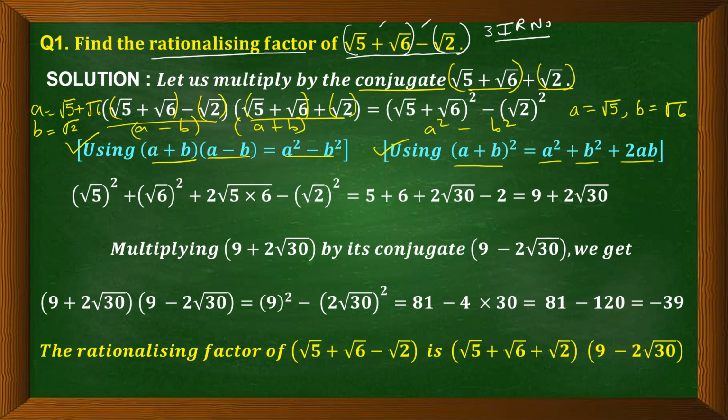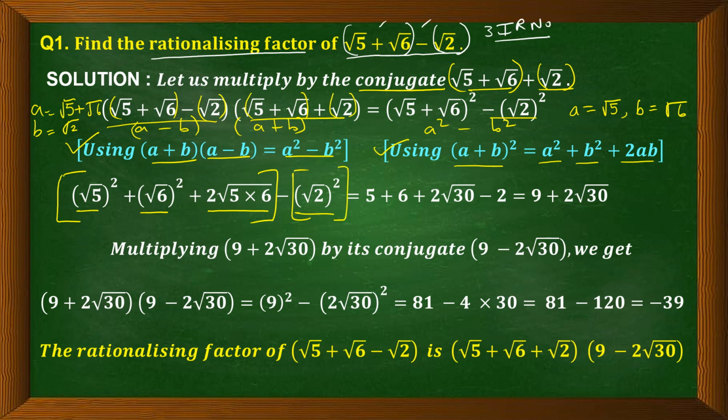So when we put the values of a and b in this identity, we write square of root 5 as a square, square of root 6 as b square, then plus 2 into square root of 5 into 6, that is 2 into a into b. And then of course minus square of root 2 is already there. So this is one part where we have solved root 5 plus root 6 whole square, and this is the second part, that is square of root 2.